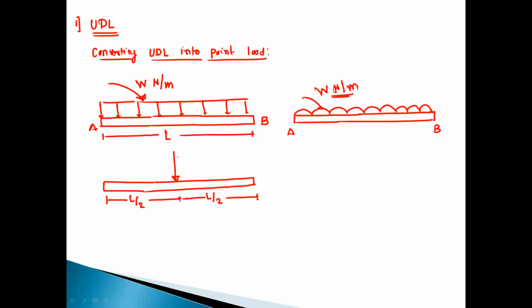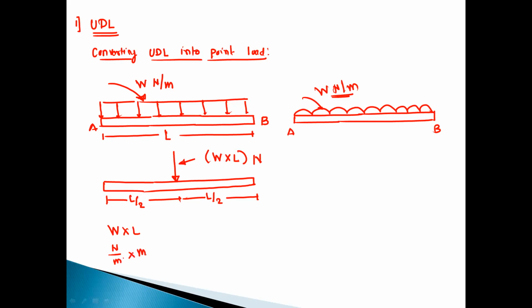Now the magnitude of the point load due to UDL is equal to the intensity into this span. Whenever we convert intensity into point load, finally we should get the unit as Newton, because point load has a unit Newton. So here you can observe W into L. W has a unit Newton per meter and L has a unit meter.